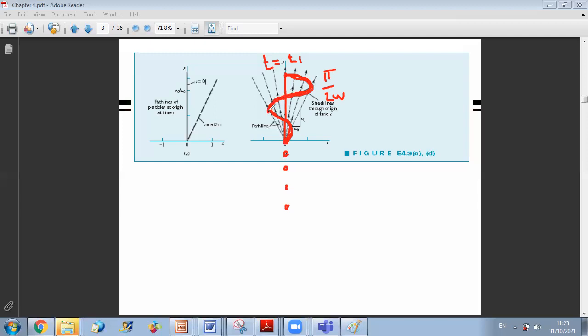And finally, from 3 pi over 2 omega to 2 pi over omega, you will see this. And this is repetitive. So this corresponds to a complete period, this path. And the other particles will start in a new period, in a new cycle. Okay, so this is about streamlines, path lines, and streak lines.